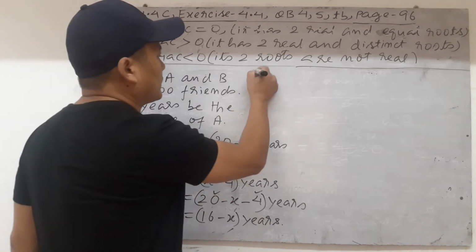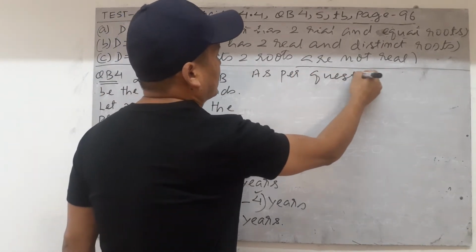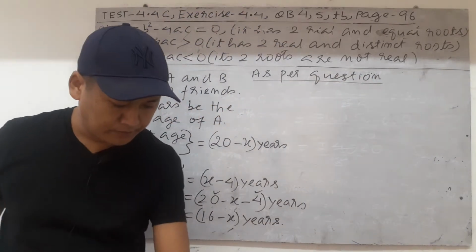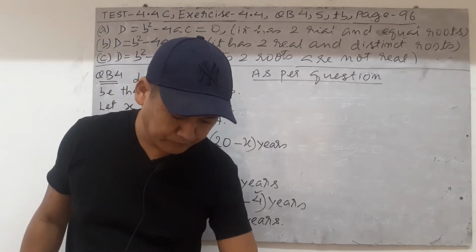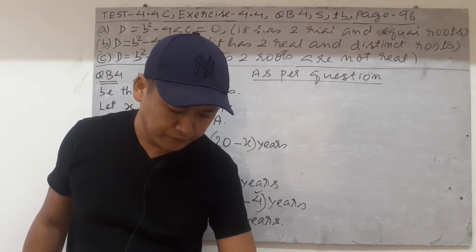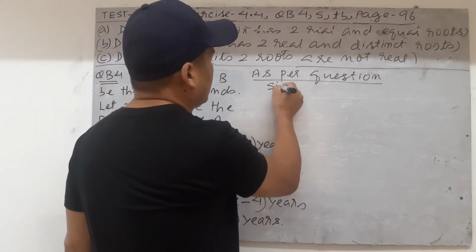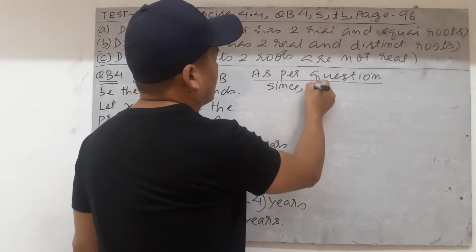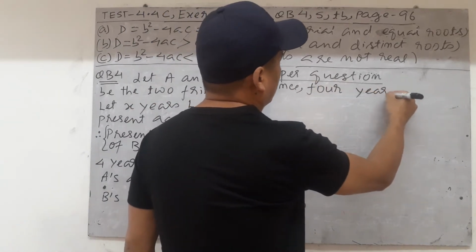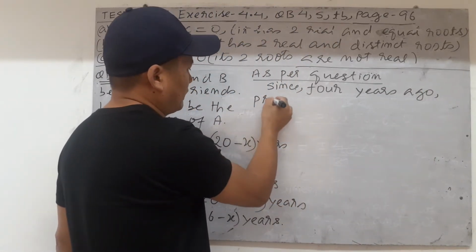So let's go here. As per the question. Go to your question. What does the question say? 4 years ago, product of their ages. If we want to write 4 years ago, I'm writing the exact language of the text.